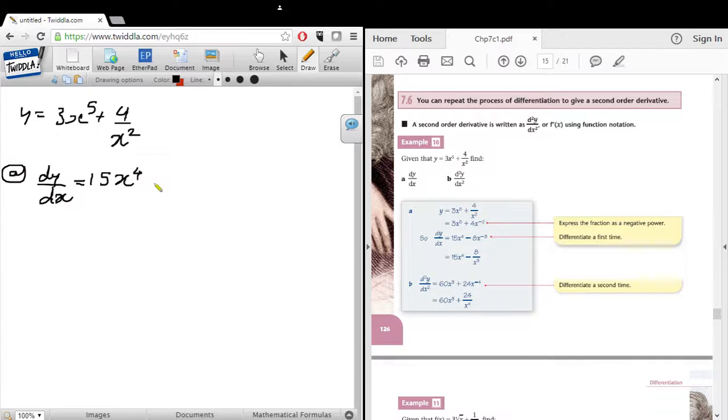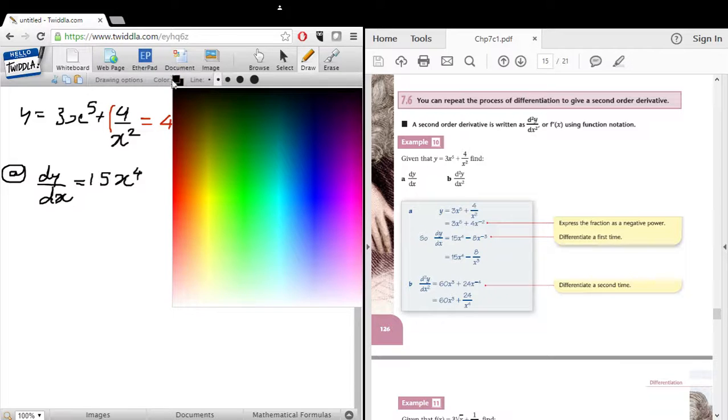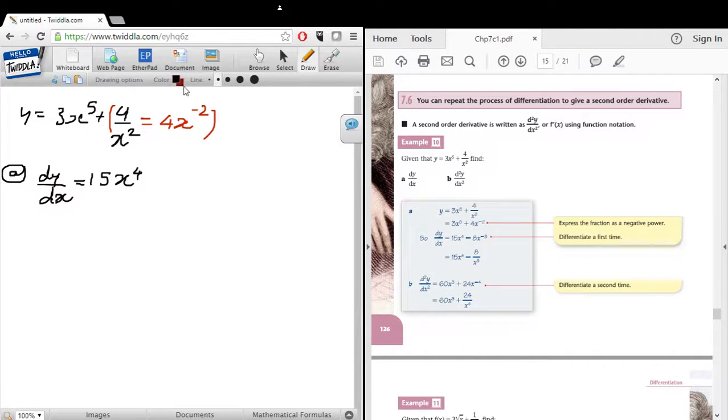Remember what we said, so we bring this down, and this is equal to minus 8x to the power of minus 3. Then we can bring it back down: 15 x to the power of 4 plus 8 x to the power of minus 3.